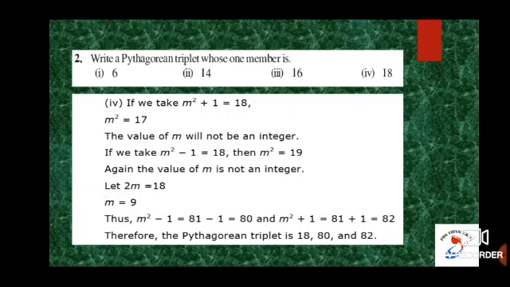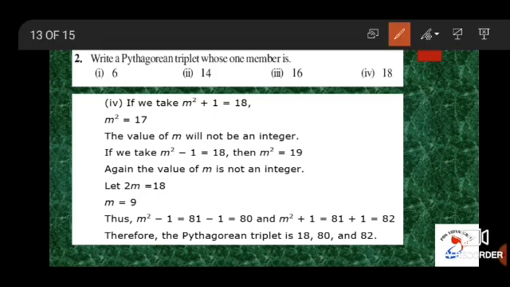The last problem for this exercise. Again, the question is 18. Here also, when you take m square plus 1 equal to 18, the value of m square will be 18 minus 1, that is 17. It is not an integer. When you take m square minus 1 equal to 18, m square will be 19.